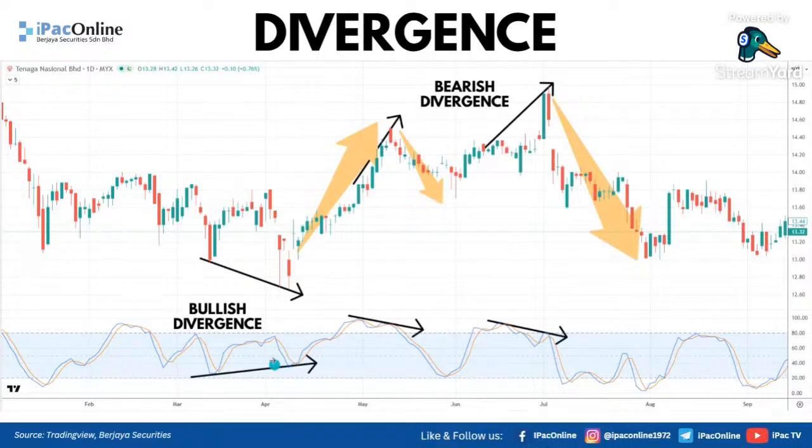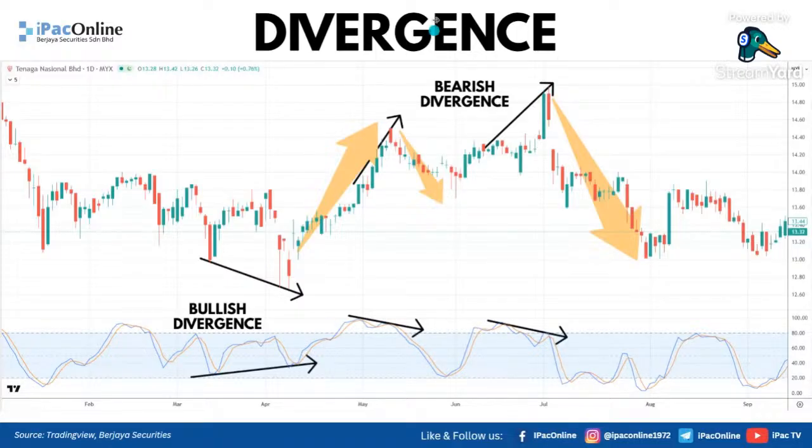Instead, the stochastic actually formed a higher low. Okay, this is telling us that although the share price has traded lower, the selling momentum is actually decreasing, and it is indicating a potential bottom forming.